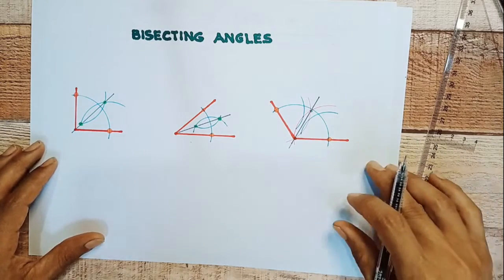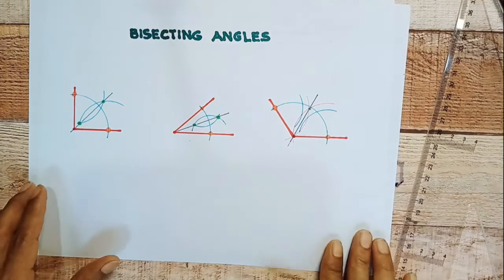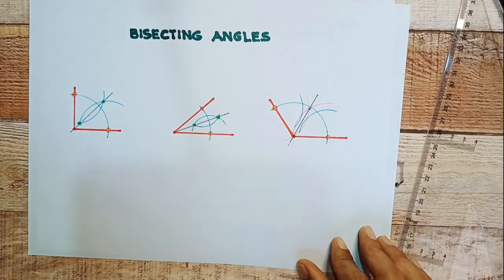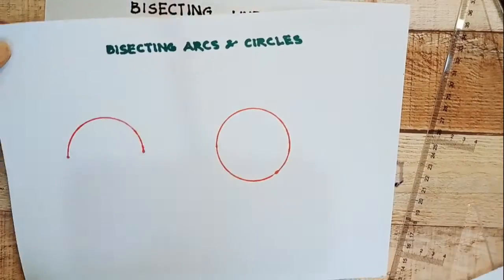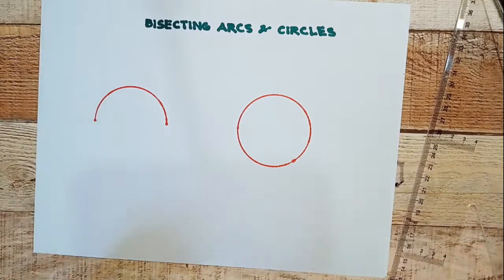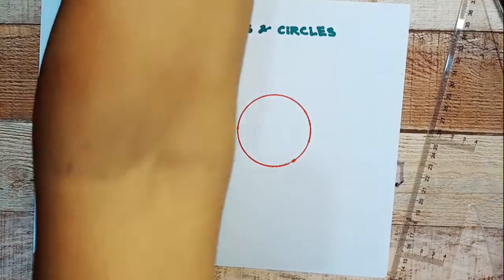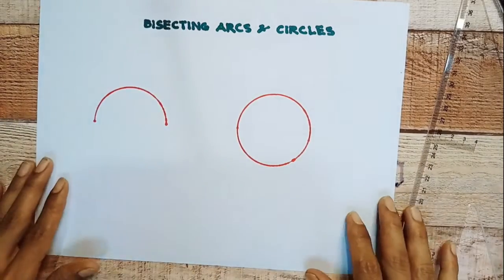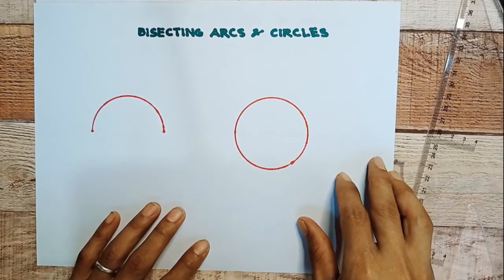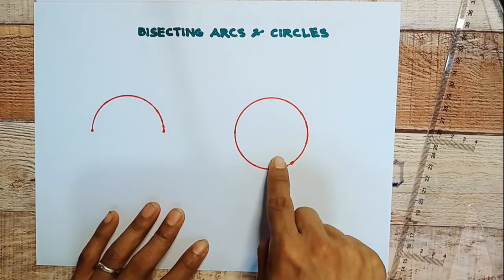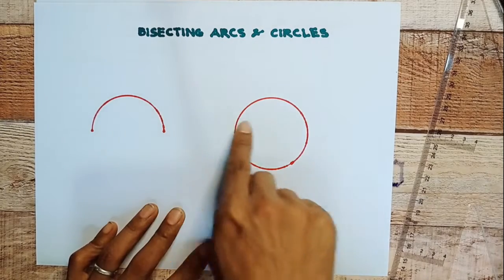Next is for our arcs and for our circles. We're going to bisect our arcs and circles.